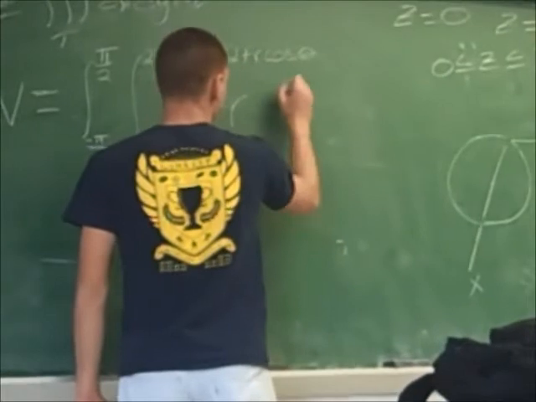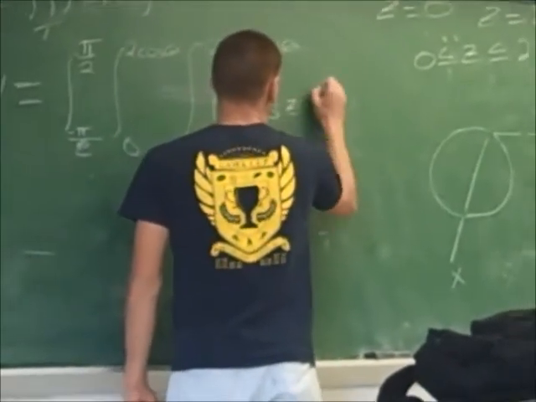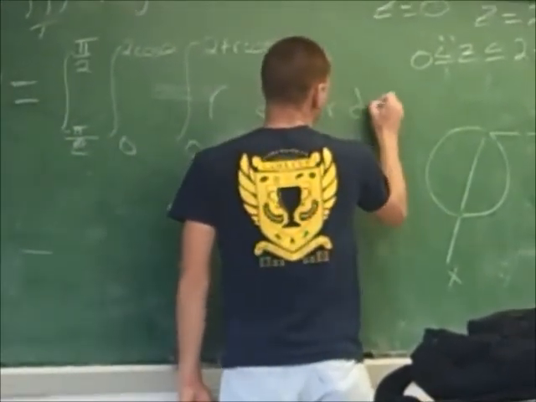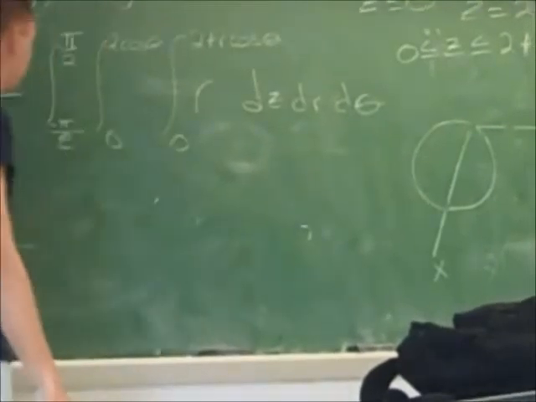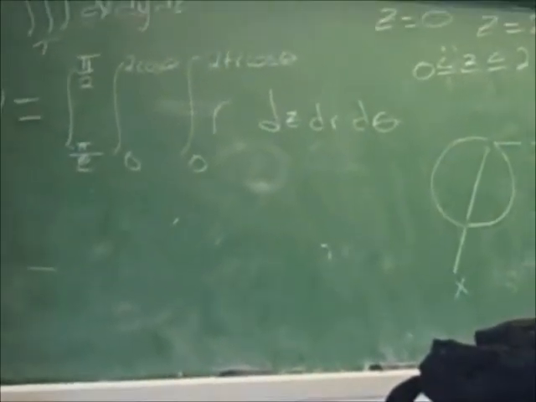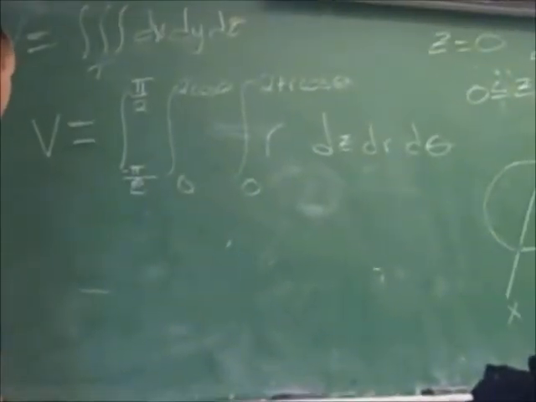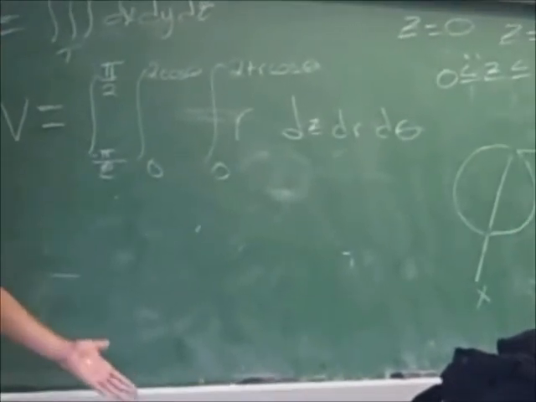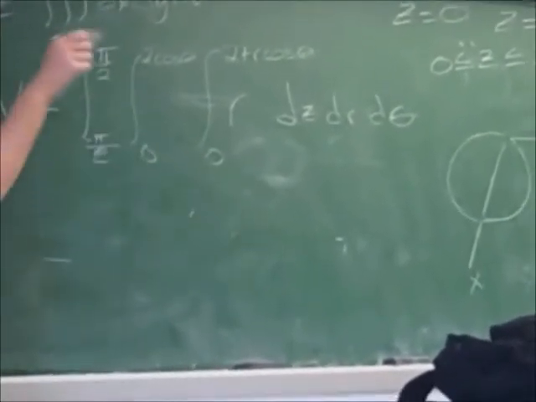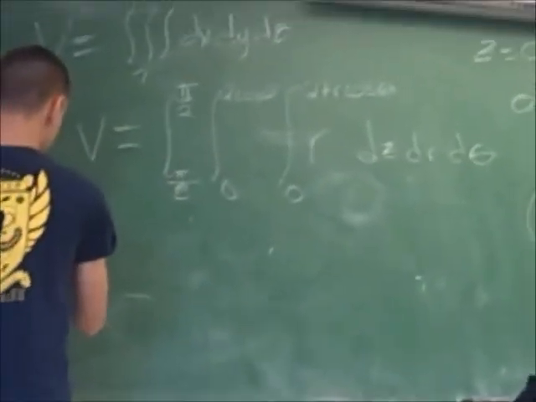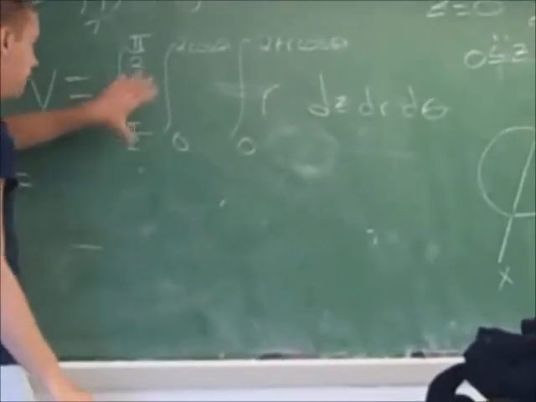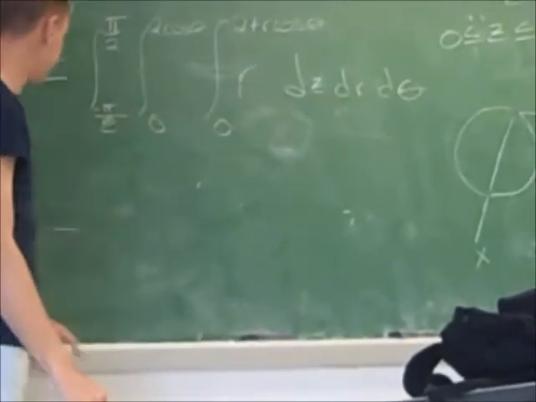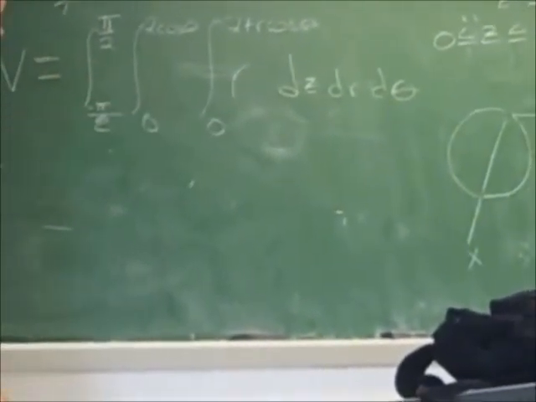Okay, remember our Jacobian. r dz dr d theta. That's our volume. Okay, and we know that we want the center of mass in the z direction, right? Do you have a question or are you just stretching it out? That's fine. So the center of mass is going to be this exact same thing with the z plugged in right here over top of this volume.